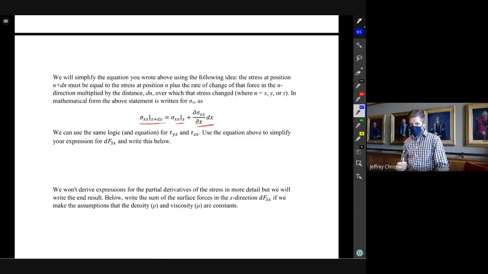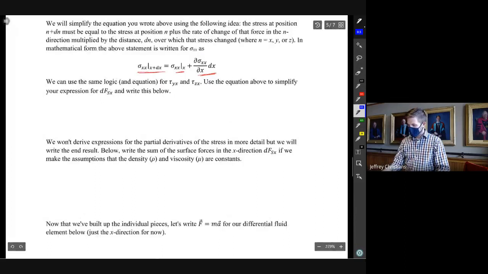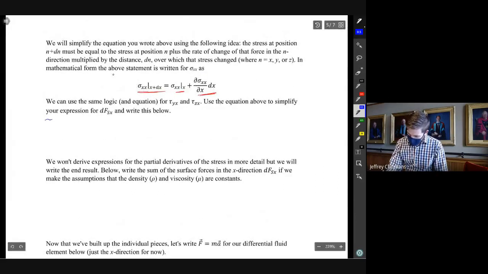We could write the same basic equations for tau. I'll write these kind of small on the side, because otherwise we won't have room for everything. So tau yx evaluated at y plus dy equals tau yx evaluated at y plus partial tau yx, partial y, times dy.